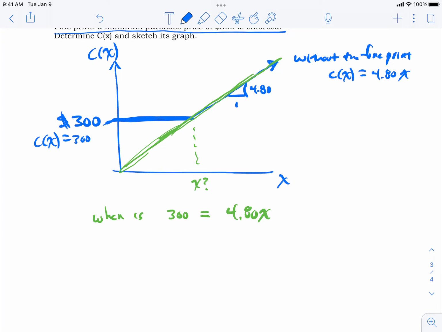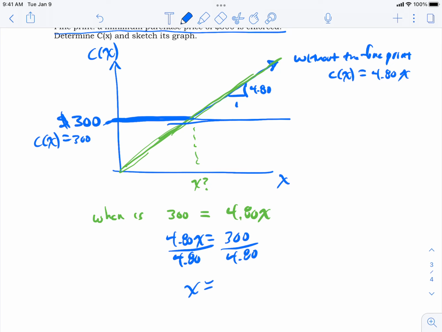That's the only way you can write the equation of this blue line. It's 300. That's what the output is. But 300 goes this way. The green line goes this way. Where do they cross? When does 300 equal 4.80x? I'm going to write this around the other way. When does $4.80x equal 300? Well, you divide both sides by 4.80.